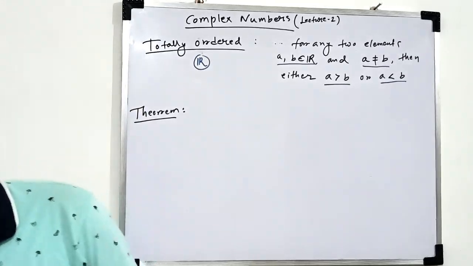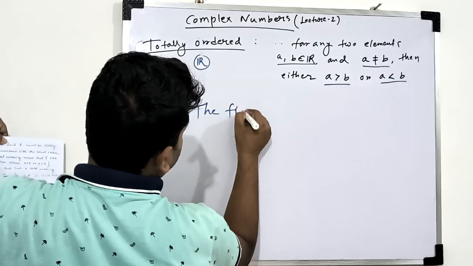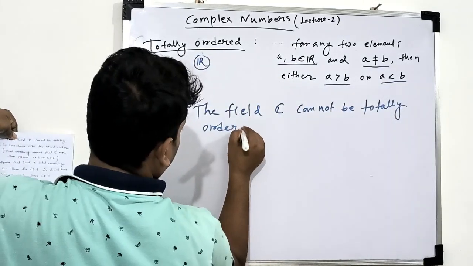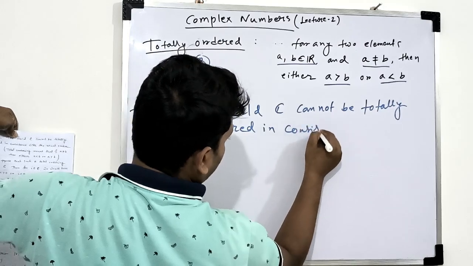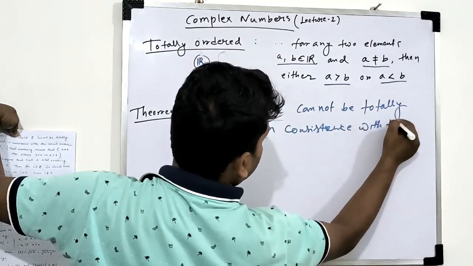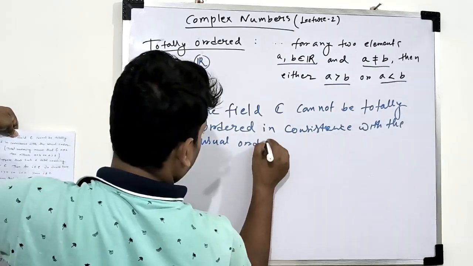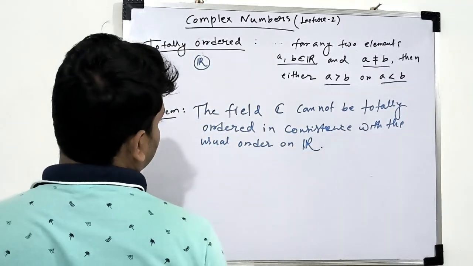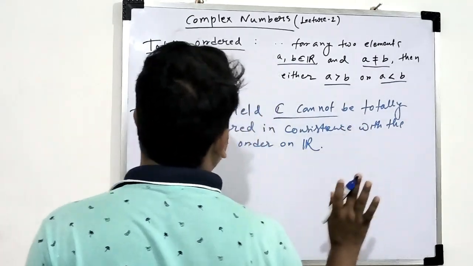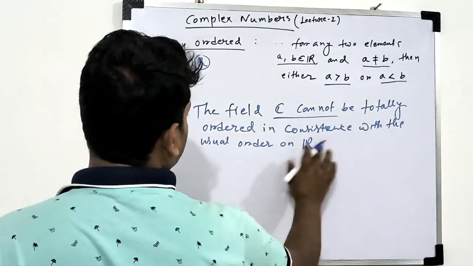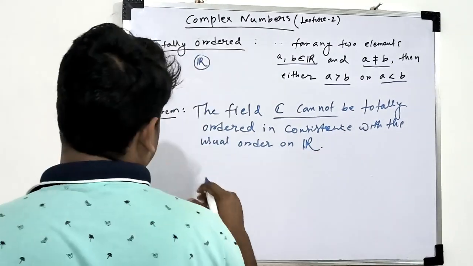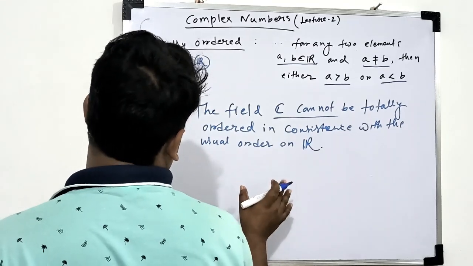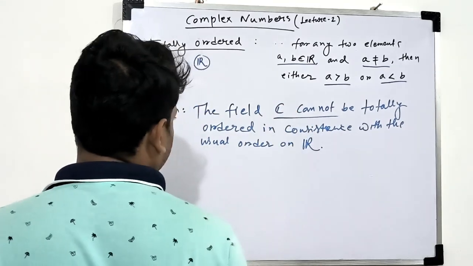So there is a theorem: the field C cannot be totally ordered consistently with the usual order on R. We prove this theorem. As R is totally ordered, in the same way we might expect the set of complex numbers to be, but it cannot be.